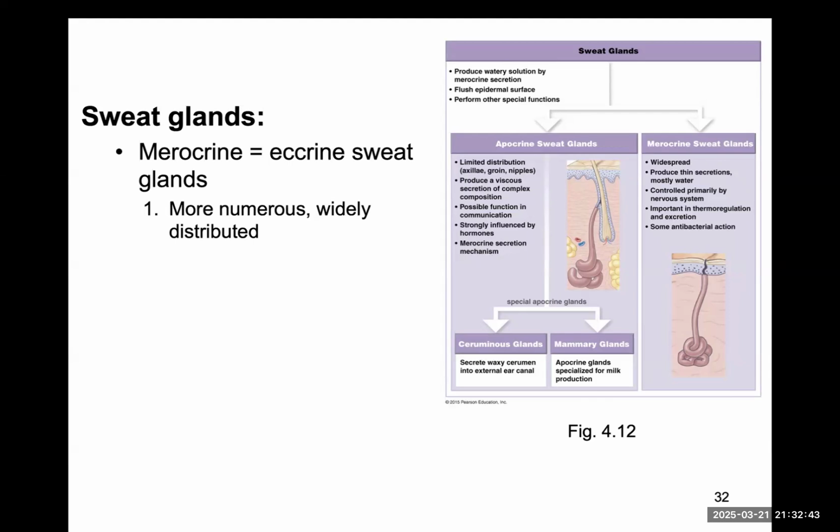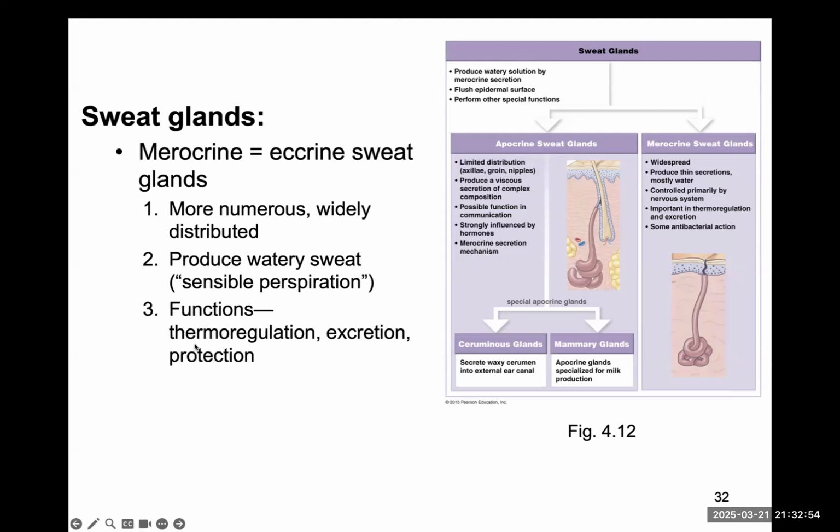So these glands produce watery sweat, and there are no chemicals in it. It's sensible perspiration, and they are used for thermoregulation, excretion, and protection. So they're basically the ones that cool you down if you're feeling really hot.